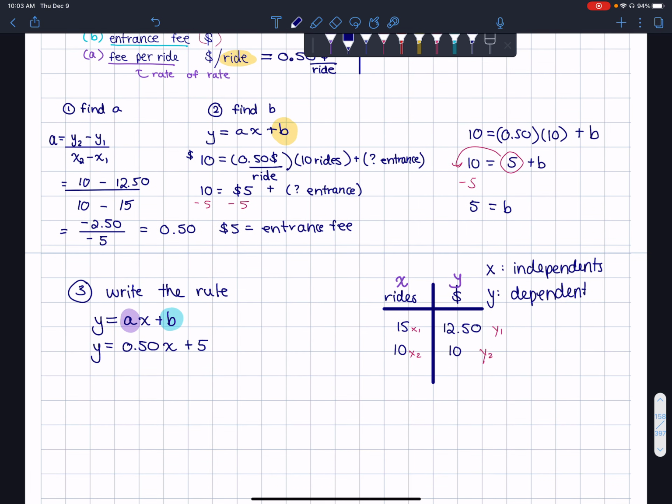In words, the number of dollars you spend at the park is going to equal $0.5 per ride times the number of rides plus the $5 entrance.